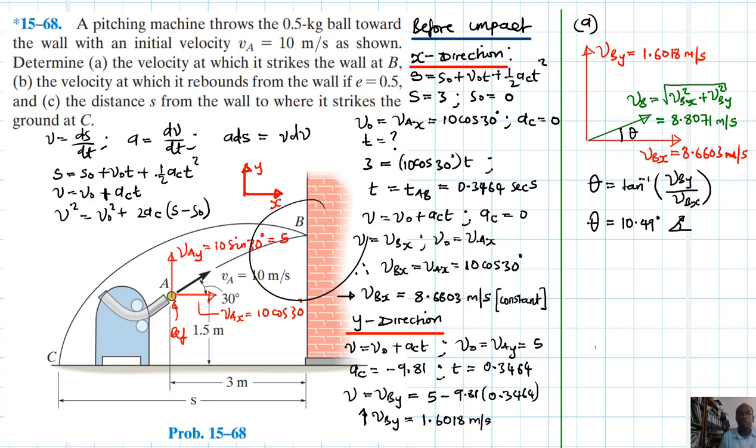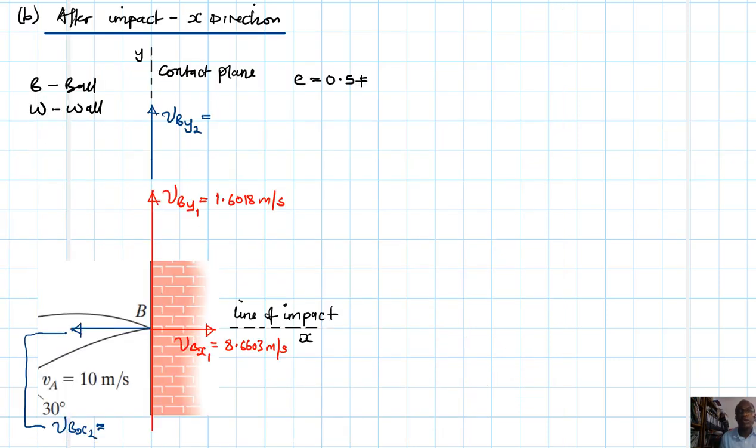I've tried to cut this section out. e is equal to 0.5, and this is just going to be equal to V_B2x, it's along the x direction, minus V_W2x, divided by V_W1x minus V_B1x. Maybe I write them properly.